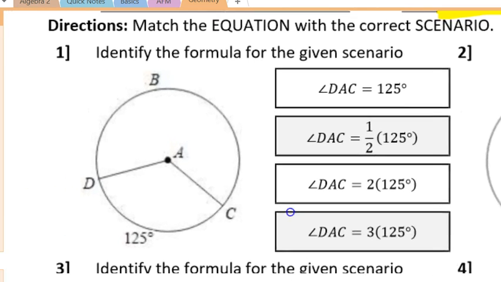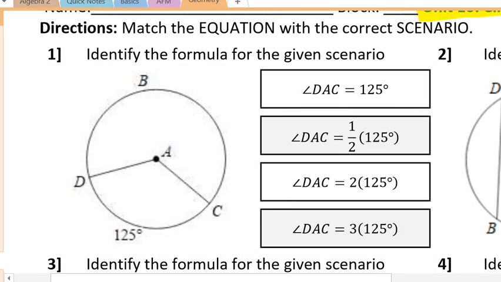So, question number 1. Identify the formula for the given scenario. We are looking at an arc measure of 125 degrees. And in each of the formulas, we're asked to find angle DAC. So angle DAC would be a central angle.